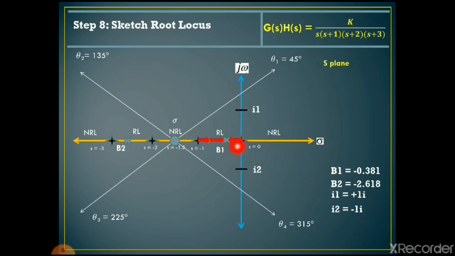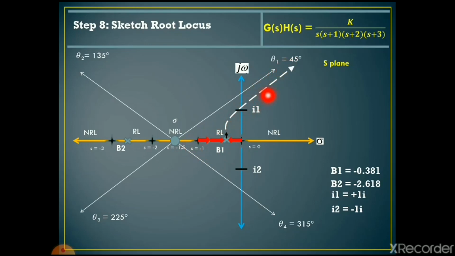At -0.381, both these poles are going to meet each other, and after meeting they should break away from each other, and the breaking away from the real axis always happens at either +90 degree or -90 degree. You can observe here, out of these two, one of the poles at the breakaway point will break at +90 degree, and after breaking at an angle of +90 degree, it has to reach where there are no zero locations, so it has to reach infinity, right?